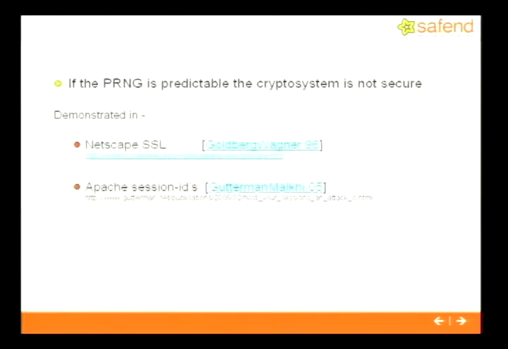Two examples, one from 10 years ago, very famous one, the Netscape SSL. David Wagner and Ian Goldberg were able to find that the Netscape SSL was using a weak PRNG. And in the next slide, I'm going to show this PRNG, the source code.